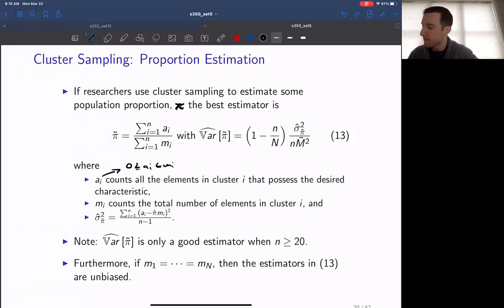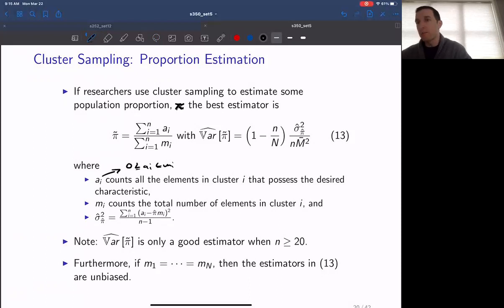So in this particular instance, each observation within each cluster is contributing a 0 or a 1, depending on the question that we are asking. So in a simple case, like answer yes or no to the following question, yes is a 1, 0 is a no, we're going to have a set of binary values within each cluster, so ones and zeros. And each ai is just the sum of all of those ones and zeros.